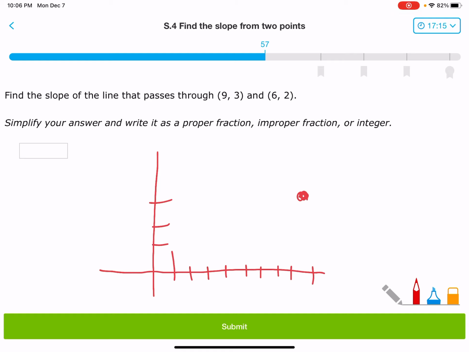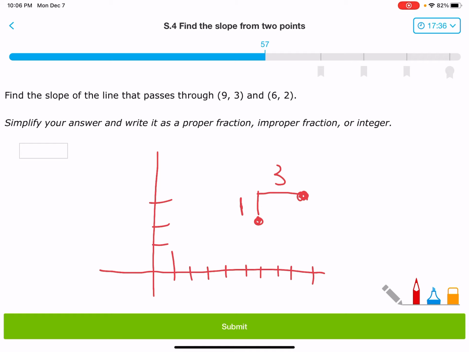We would rise 1, and we would run 1, 2, 3. So we'd rise 1 and run 3.